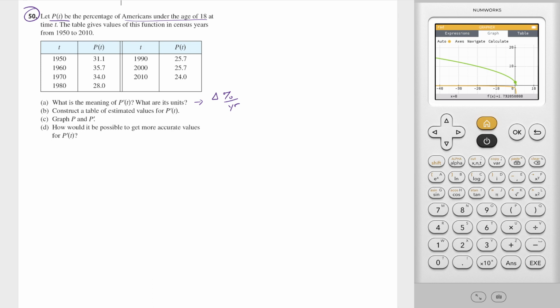Construct a table of estimated values for P prime of t. So here I would just take the differences, and I'll go ahead and use the midpoints because that makes the most sense to me. So 1955, and the difference is, let's see, 4.6 from 31.1 to 35.7. So that percentage difference is about 4.6.